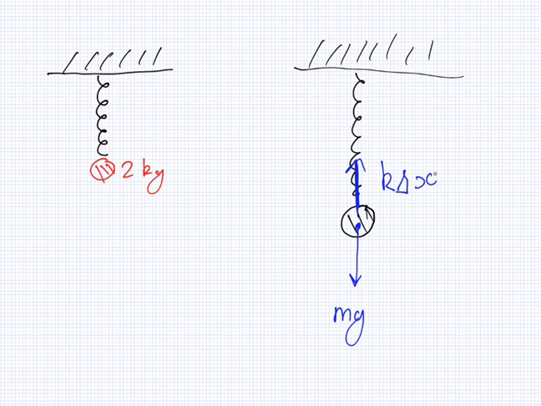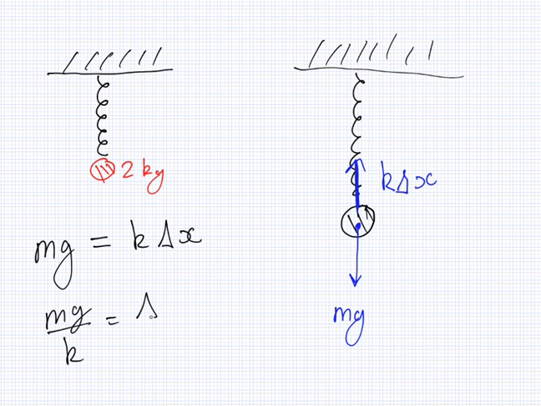No, it falls down and then it's balanced. So that means we can say mg equals K delta x. So then mg over K equals delta x. Do we know m? Yes. Do we know g? Yes. Do we know K? Yes.